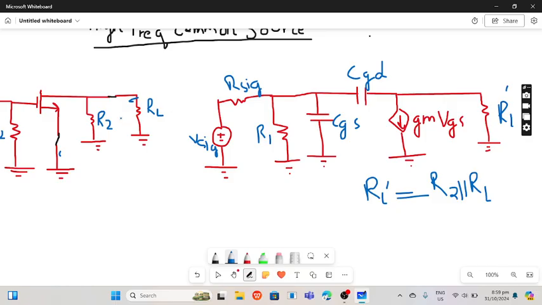If you include the early effect resistance here, I am pointing out between R2 and RL, we will use the same combination and it will become RO. If you use early effect, I will draw it like this: there is also a resistor, which you can name as the early effect resistor RO.